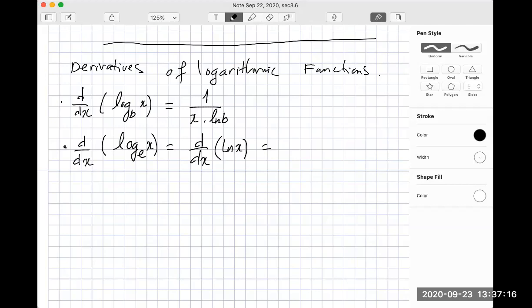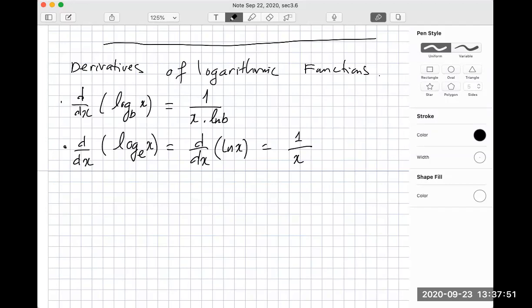And from this formula, what do we have here? So applying this formula, what do we have? 1 over x. Very good, thank you. Daniel, thank you.